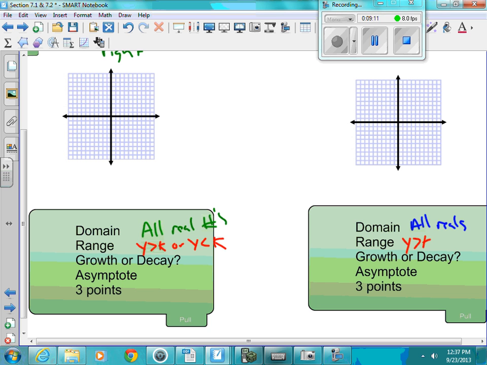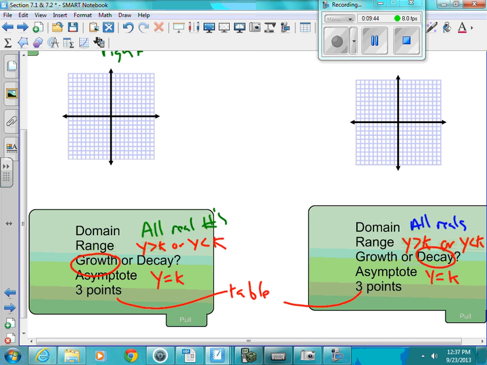Same thing over here. It's going to be growth if b is above 1. If b is between 0 and 1, it's decay. Our asymptotes are y equals k for both. And then we're still going to get 3 points from the table.